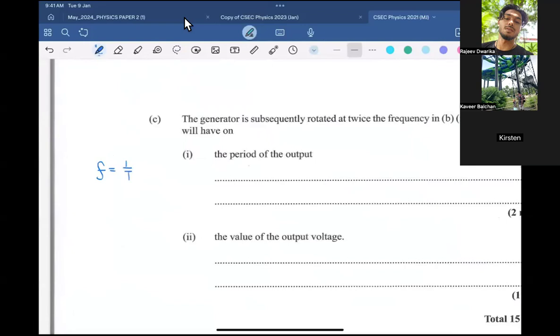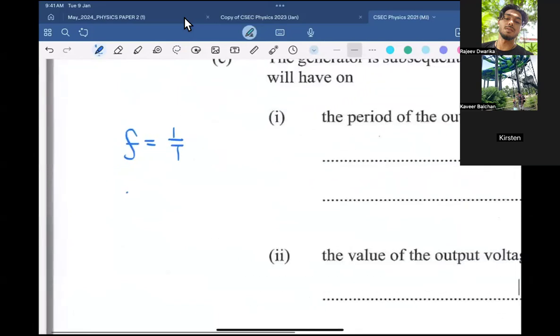Okay. So if I were to make T the subject of the formula, T would be equal to what? Some might be a little tricky. If I want to make T the subject of the formula, I would have to get rid of T from the denominator.